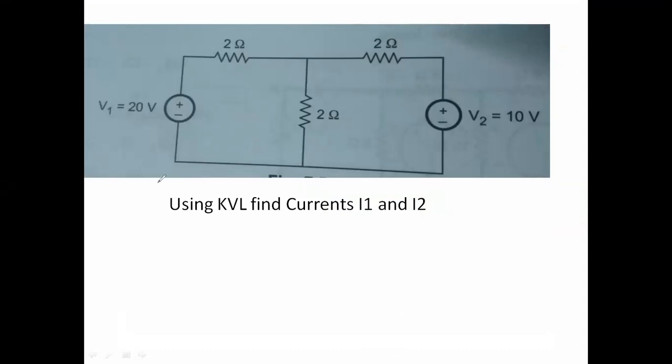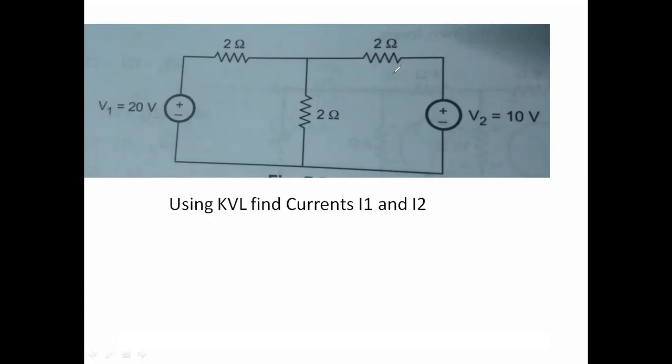First of all, for a given network, we have to obtain the currents. This is called a network. It contains resistors and voltage sources. This is a voltage source of 20 volts, and this is a voltage source of 10 volts.